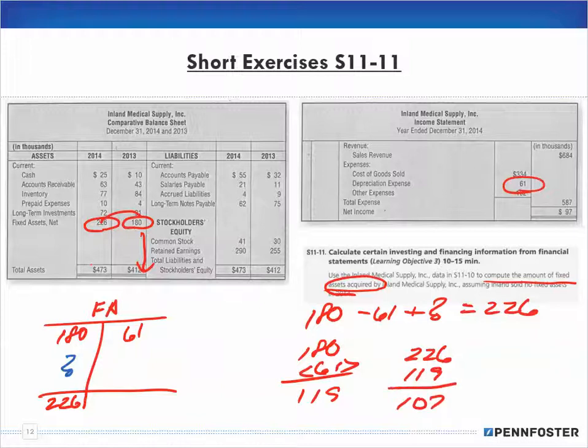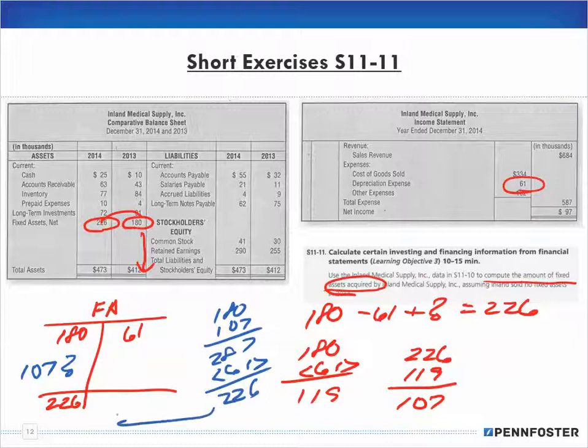So that amount for the fixed asset is 107, and that's how much was acquired. As a double check, go ahead and add the 180 plus the 107, 287, and then subtract out the 61, 226, and that should be the balance in the account.